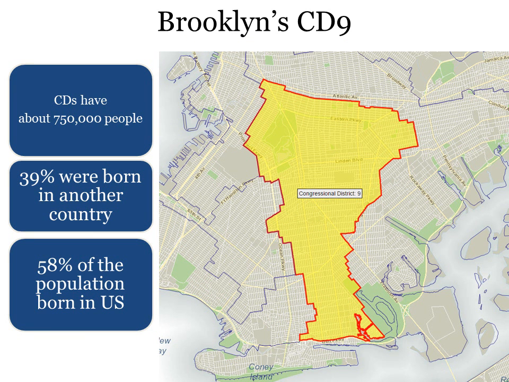The population of the district is just over 750,000 people. 39% of us were born in another country, and in comparison, in the United States, I think 13% of the population was born in another country, and 59% of the population were born in the United States.